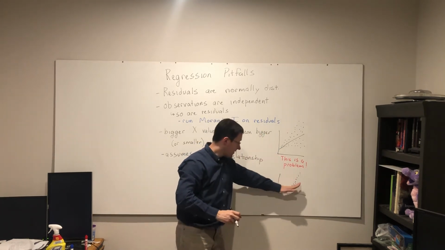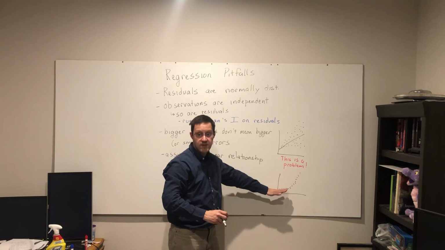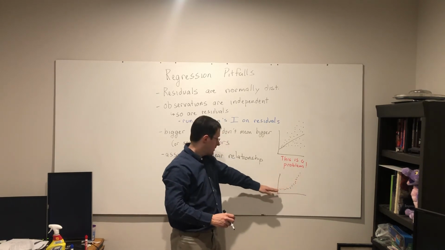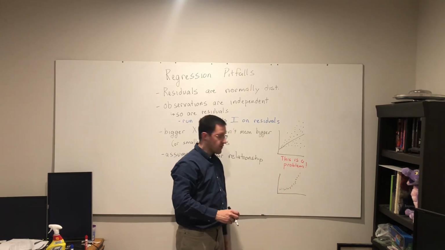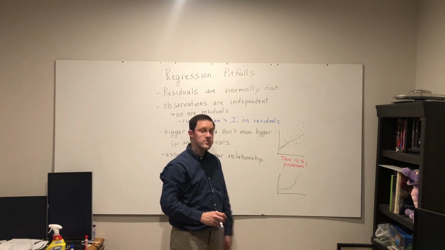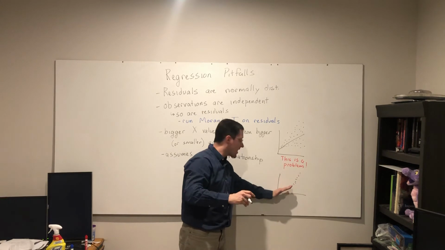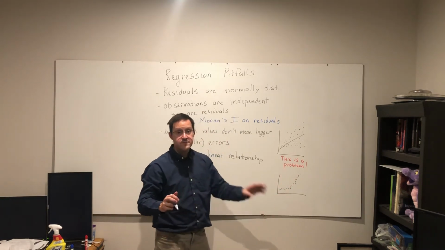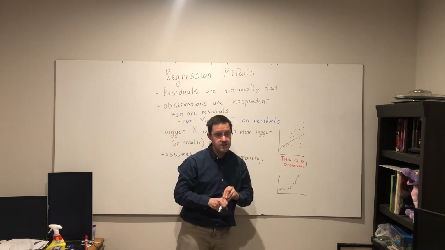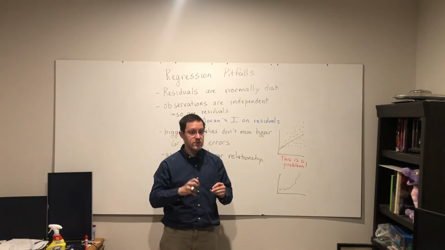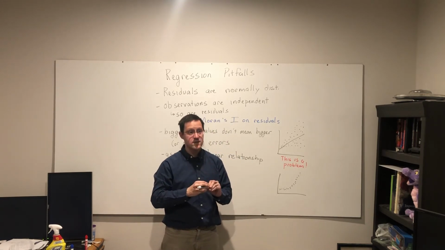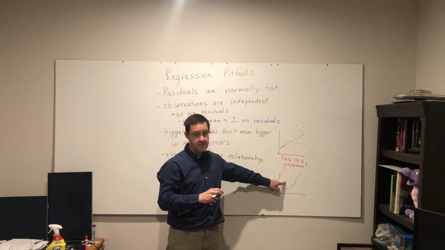So if I have a relationship that looks more like x squared, and there's a very clear curve there, that's not a linear relationship. Trying to fit a line to this is not going to work too well. There are ways around that, to use something other than a line to fit this.